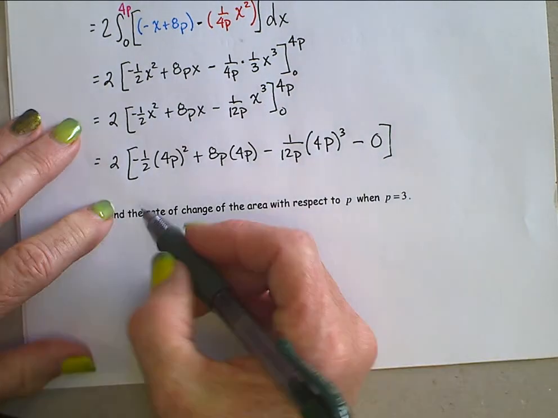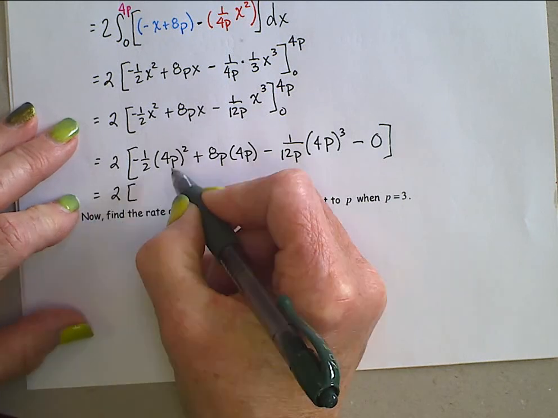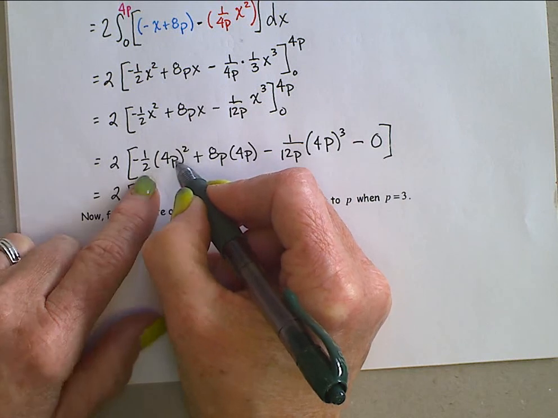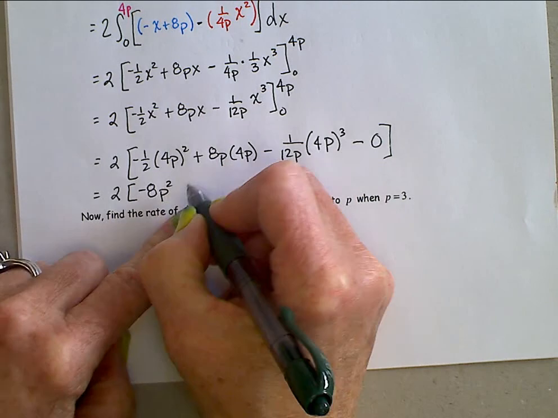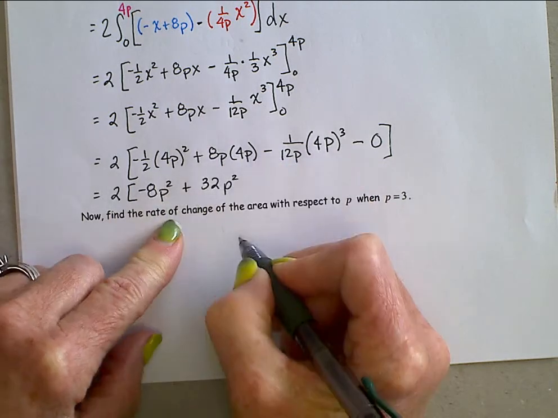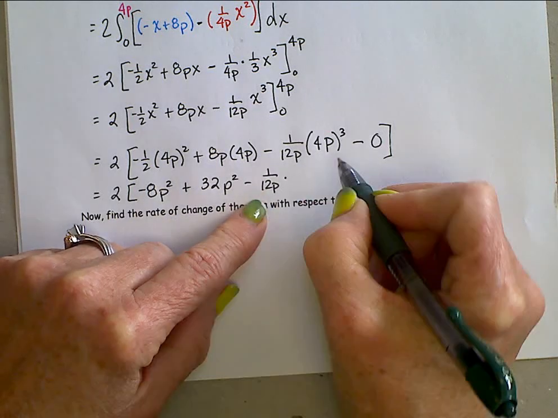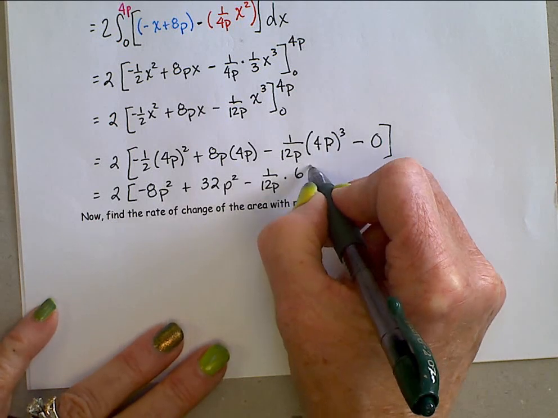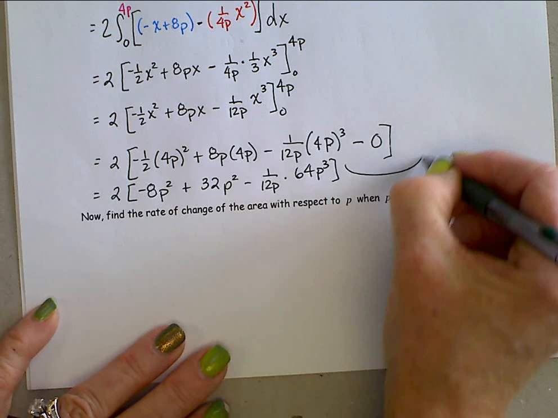Alrighty, let's see. Don't forget this 2 out here. 4p squared is 16p squared times negative 1/2. That's negative 8p squared. Plus here's 32p squared minus 1 over 12p times 4p quantity cubed, which is 64p cubed. I'm out of space, so I'm going to come up here.